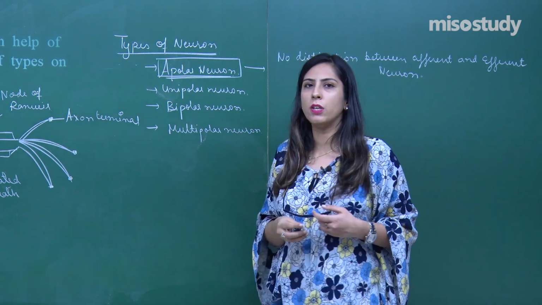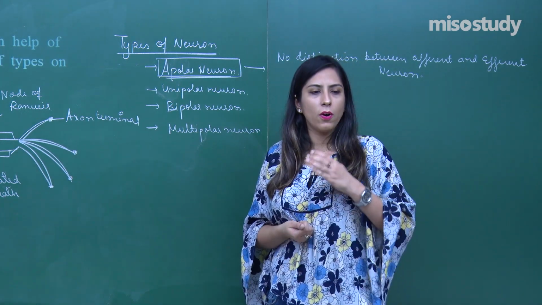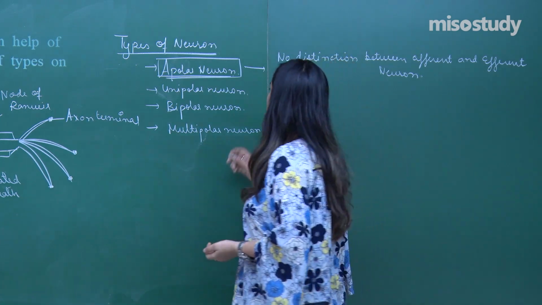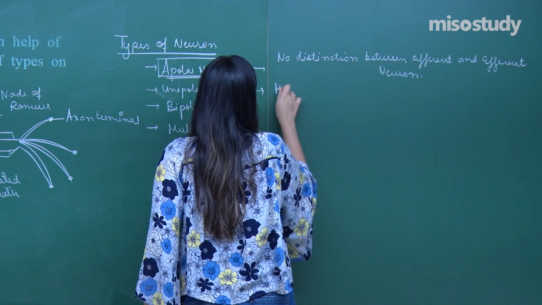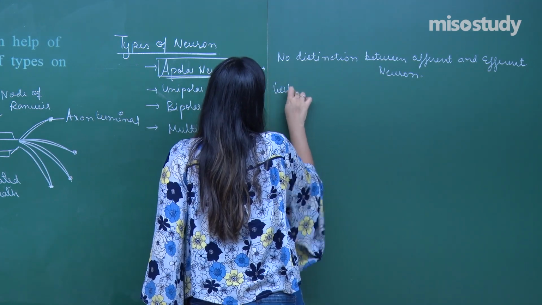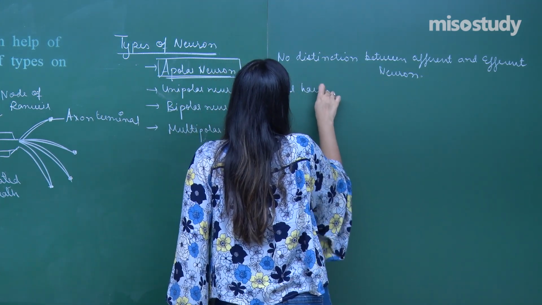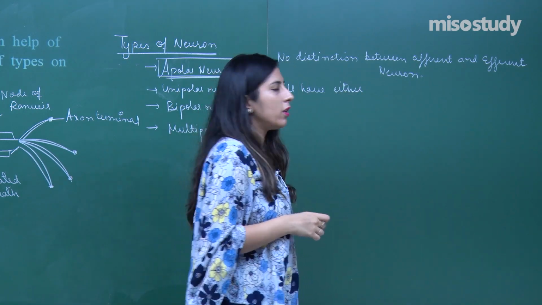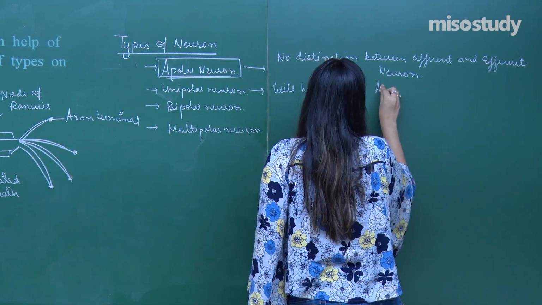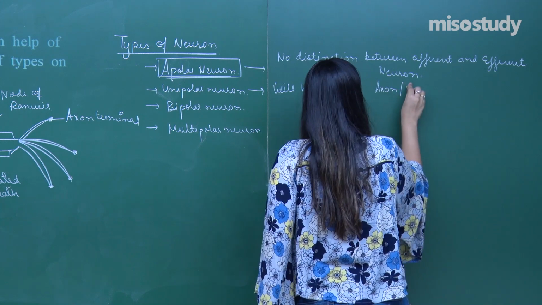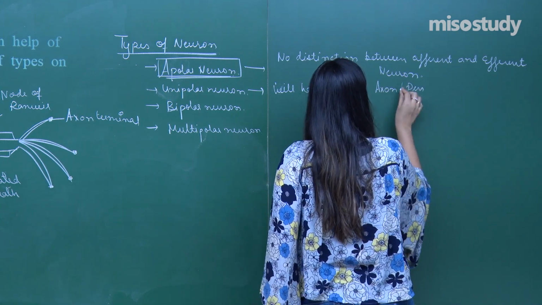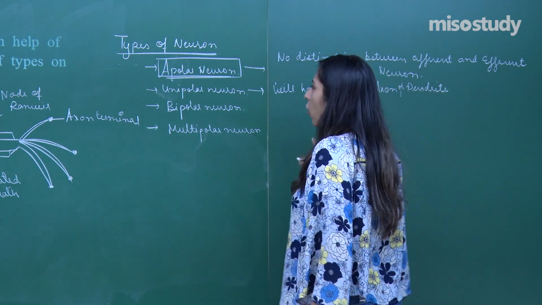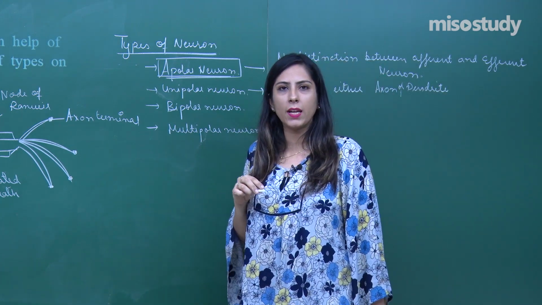A unipolar neuron always carries information in one direction. These will have either an axon or a dendrite. Right? They always carry the information in one direction.